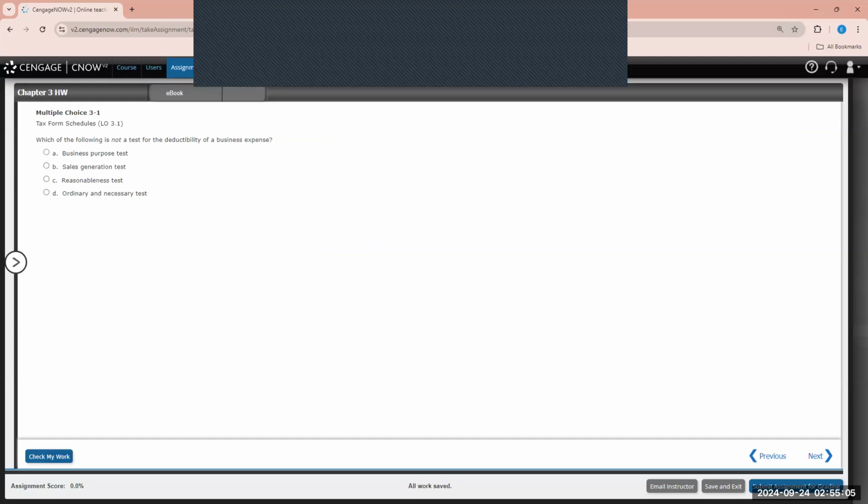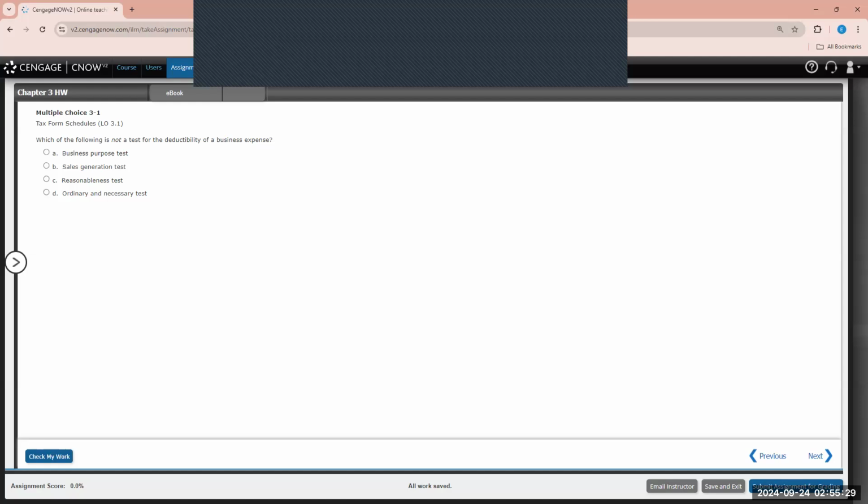So here it asks, which of the following is not a test for deductibility of a business expense? So generally, a trade or business for tax purposes is basically any activity that a person or persons engage in with the intent of making a profit. So that's the key thing. Trade or business.